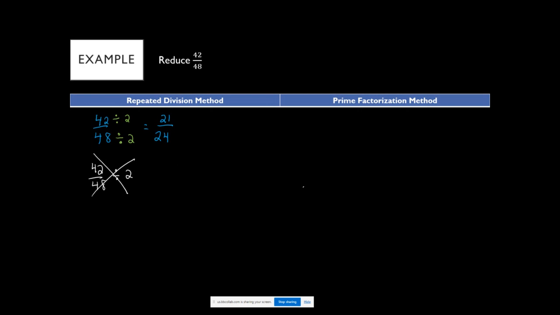Then you look at what you have here and you're like, okay, now what can I divide out? 3 goes into 21, 7 goes into 21, and 3 goes into 24, so you can say, I can divide both of these numbers by 3.